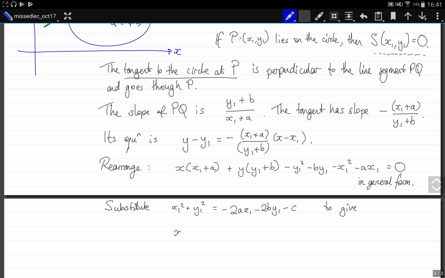So this gives me x times x1 plus a, plus y times y1 plus b, plus a x1 plus b y1 plus c is 0.